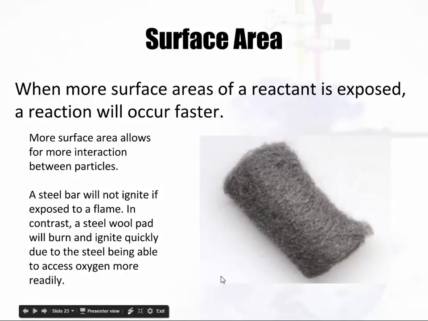If you remember our steel wool example when we burned it, I pulled apart the steel wool, so I increased its surface area, so more of it was in contact with oxygen. If we were just to leave it in a clump like this picture, it'd be very hard for all of that steel wool to burn because not all of it's getting exposed to the oxygen. So if we were to increase that surface area, the reaction should occur faster.